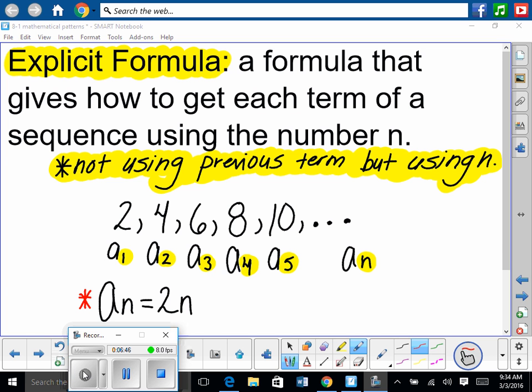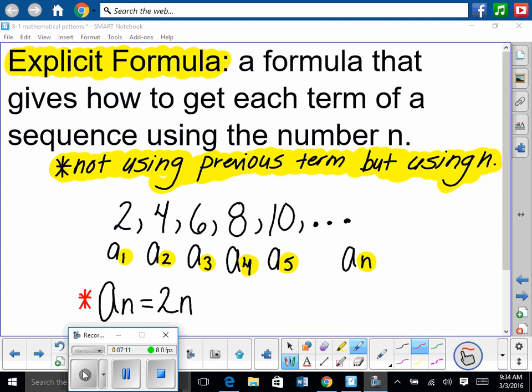So here's the first example. Looking at the sequence 2, 4, 6, 8, 10. What you probably want to do is automatically say, don't you take the previous term and add 2, right? But that would not be okay for an explicit formula. Even though that is a true formula for this sequence, it's not an explicit formula.